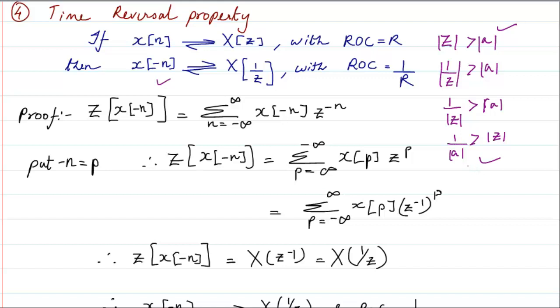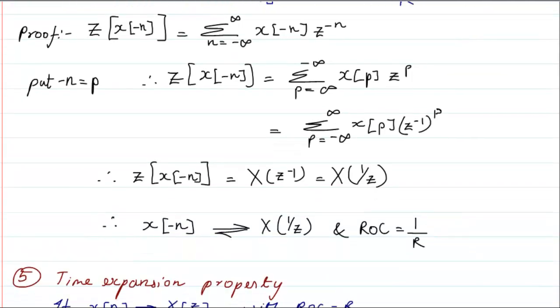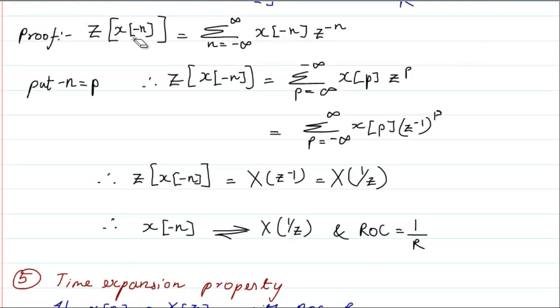And that is what the region of convergence has got flipped to 1 by r. Let us prove this. We know that x of minus n, instead of writing n, if I am going to write minus n, then in the equation it will become x of minus n, rest all the equation will remain same. Now I will put, instead of minus n, p.